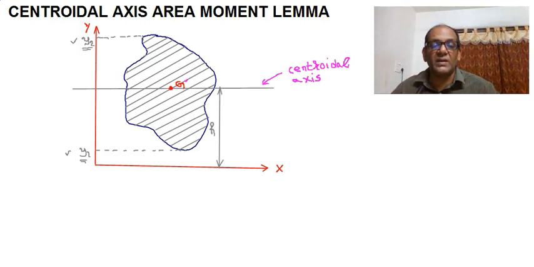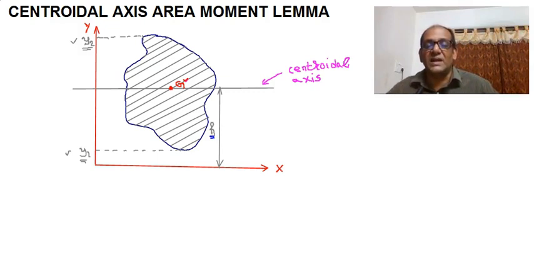Let us say we have located the centroid G, which is located at a height of h. We know that to compute this h, we need to consider an elemental area parallel to x-axis, that is perpendicular to y-axis, and perform an integration. Let us try to set it up real quick.